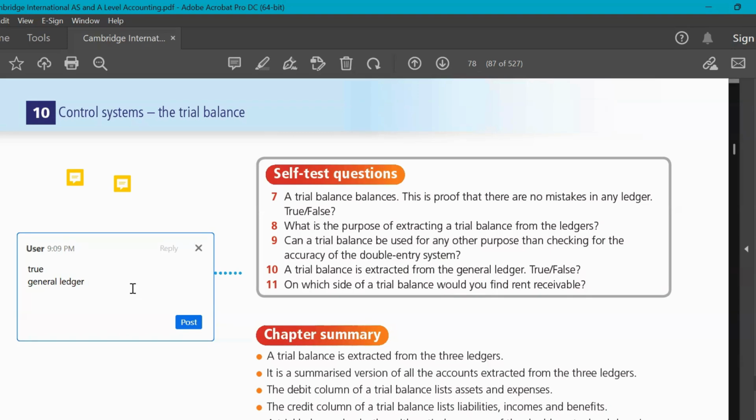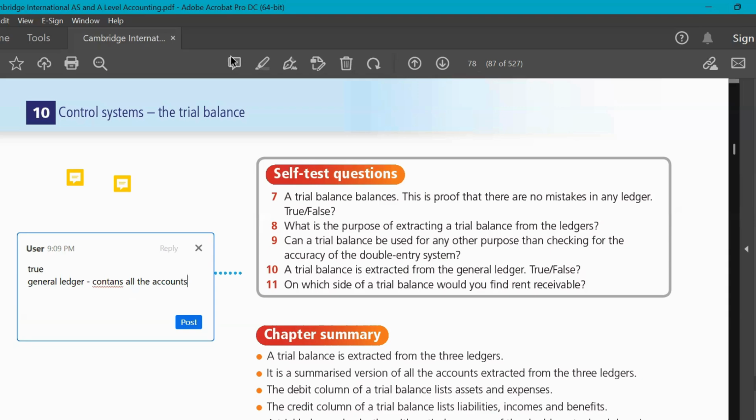All the accounts means the assets, liabilities, expenses, income, and capital. So the trial balance is prepared by listing all the balances from the general ledger. If the general ledger is wrong, there will be errors on the trial balance. So a bookkeeper must know how to identify the accounts because it all starts with the general ledger.